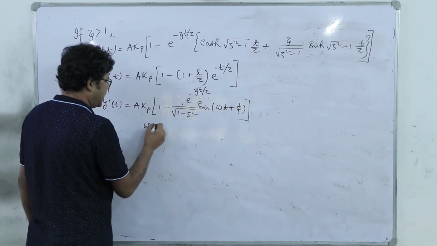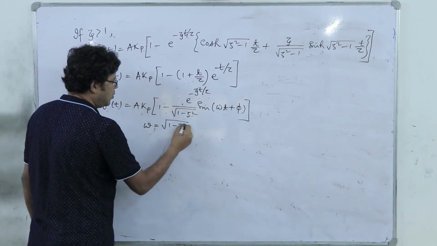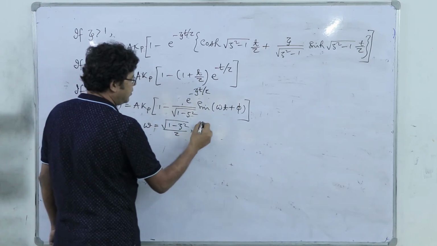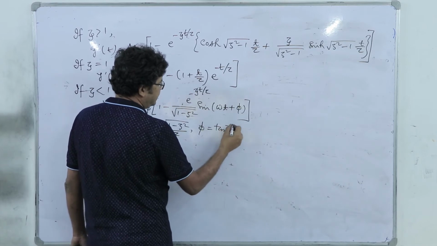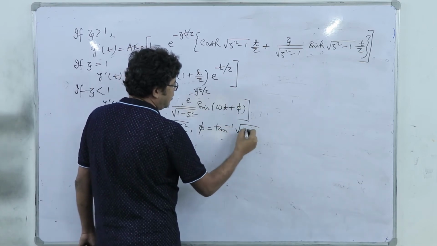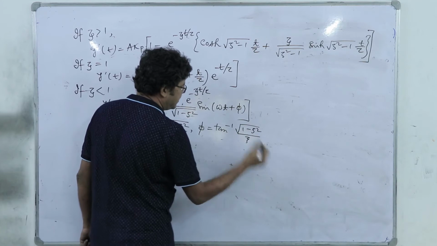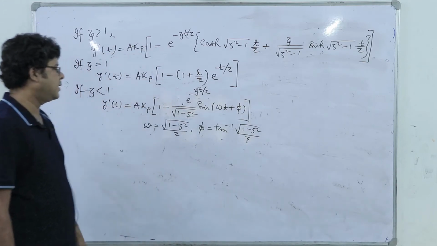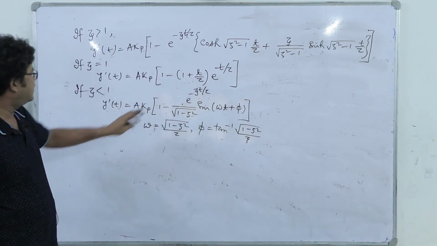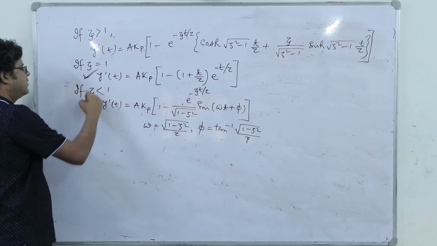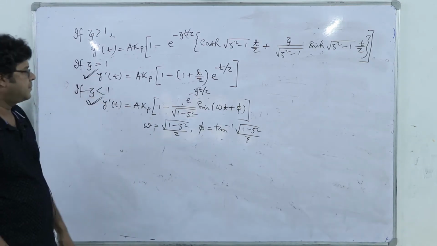Now where omega is equal to under root of 1 minus zeta square by tau, and phi, the phase shift, is tan inverse of under root of 1 minus zeta square by zeta. Right. So these two expressions you have to remember.